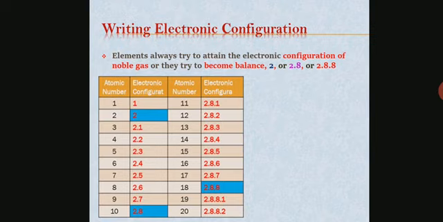If atomic number is 1, then electronic configuration is 1. If atomic number is 2, then also electronic configuration is 2. Then if atomic number is 3, electronic configuration becomes 2.1.